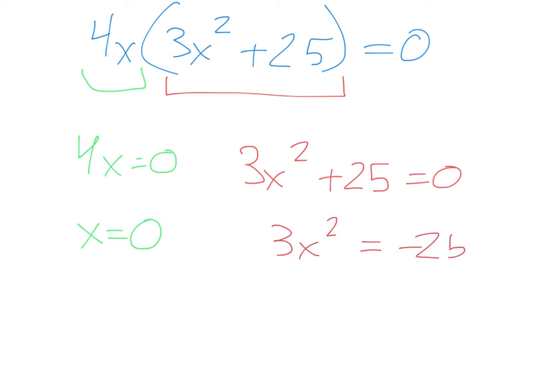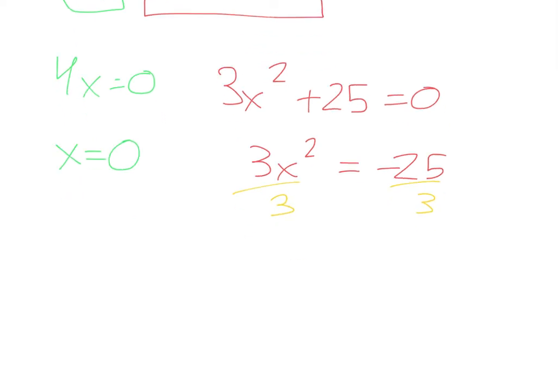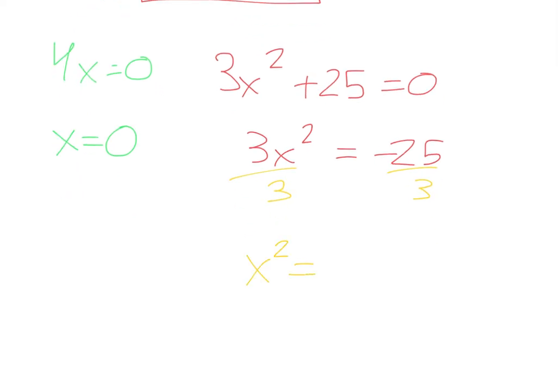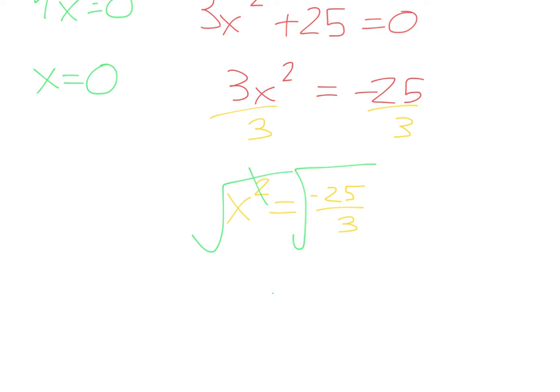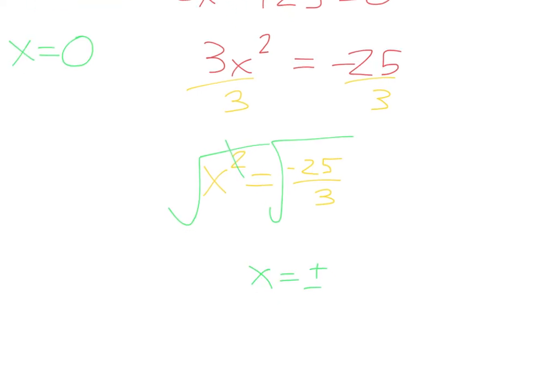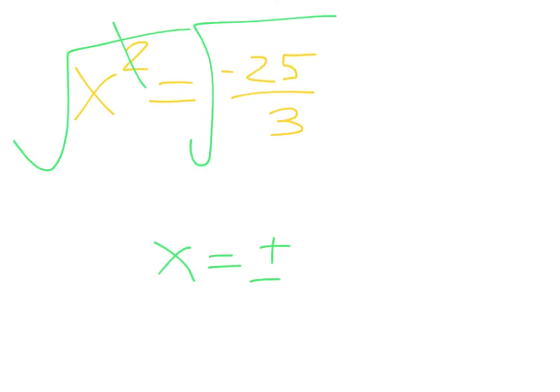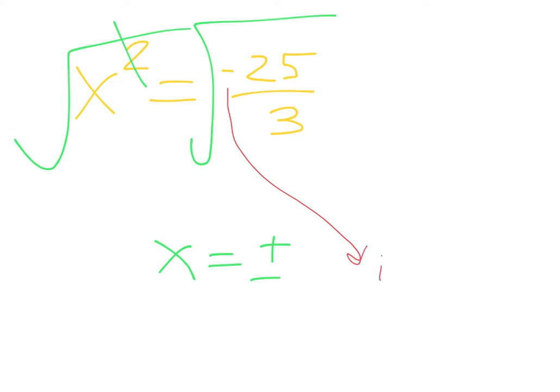So I'll subtract 25 from both sides. I'll divide both sides by 3. And I'll square root and square root. x is equal to plus or minus. There's a negative under the square root. This negative becomes an i.